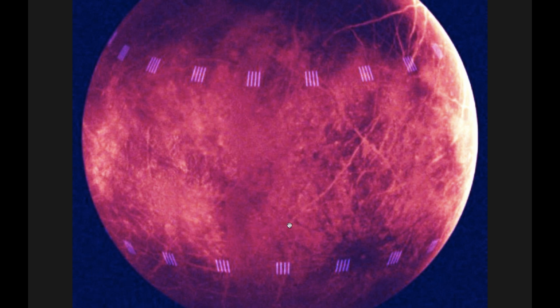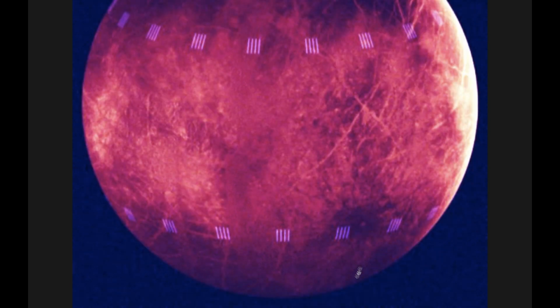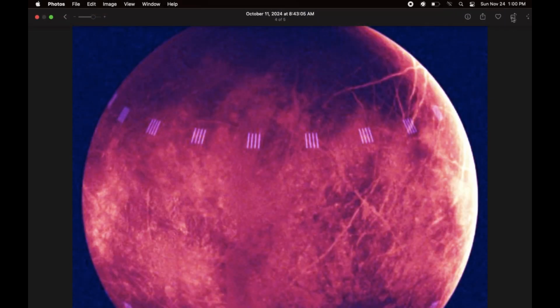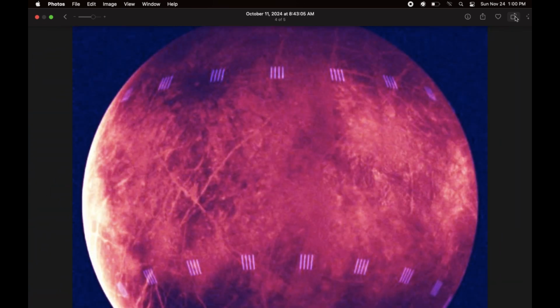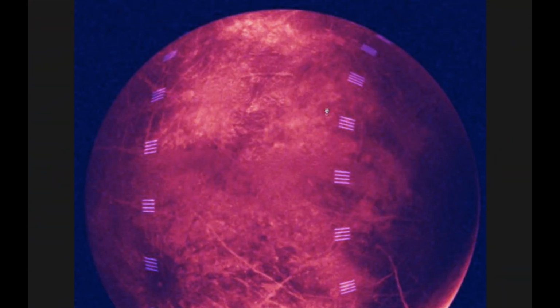And if you give it some time, you'll probably ask yourself, are these structures under the ice? And if we rotate it a bit, you could probably notice various designs here.